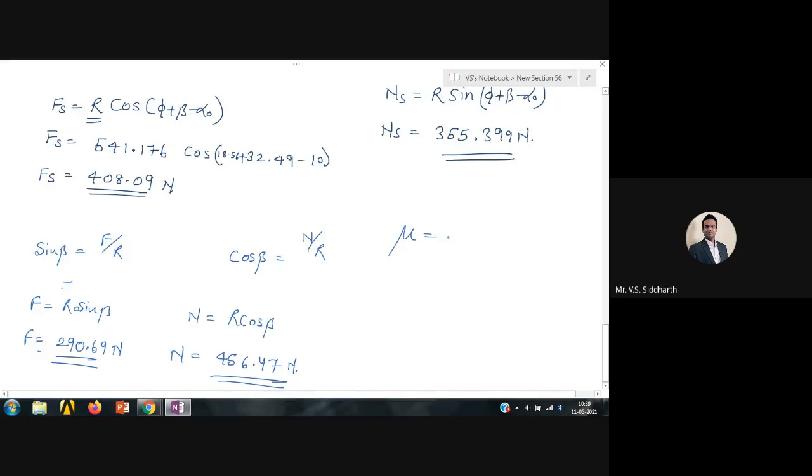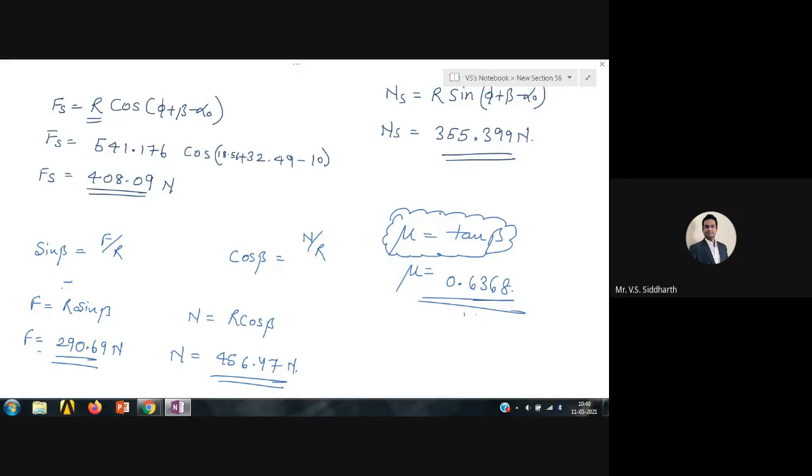How did you calculate it, Tejasvi? Tan beta, and you will get 0.6368. You have done it as F by N. Straight away you can take it as tan beta also, because you have already calculated the angle beta, and tan beta is nothing but the coefficient of friction. Okay, so many methods are there. You can do it by F by N also, not a problem. All will get you the same result.